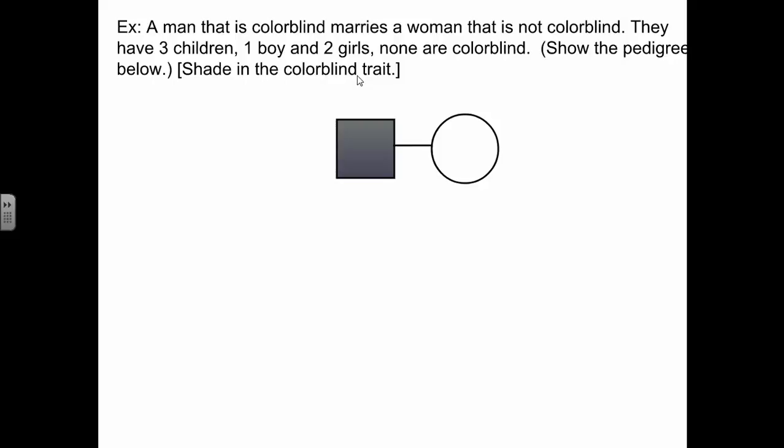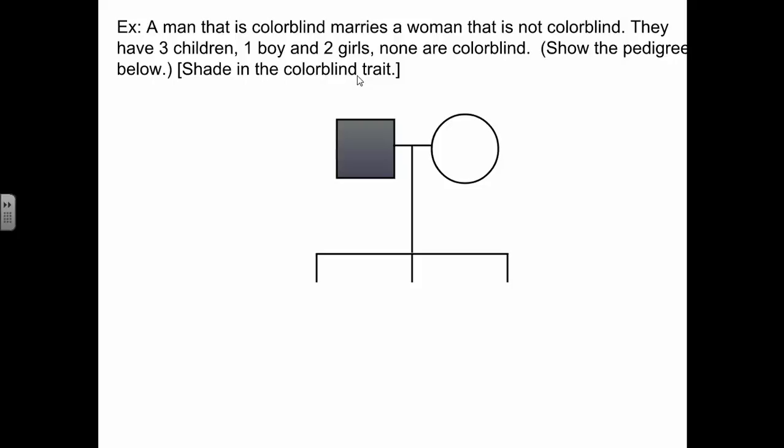By one line, side to side, connected directly to each other. They have three children. So where are their children going to go? Below. There's a spot for each child. Then you would just extend it. You have another line here. All right, so they have a boy and two girls.